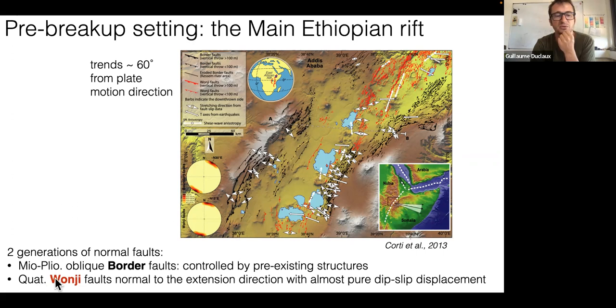The second set of faults, which are quaternary and active today, are the ones inside the East African rift, the Wonji faults, and they're mostly normal with an extension direction which is almost in pure dip-slip displacement compared to today's extension direction. So these are the observables that we've got in a young continental rift.